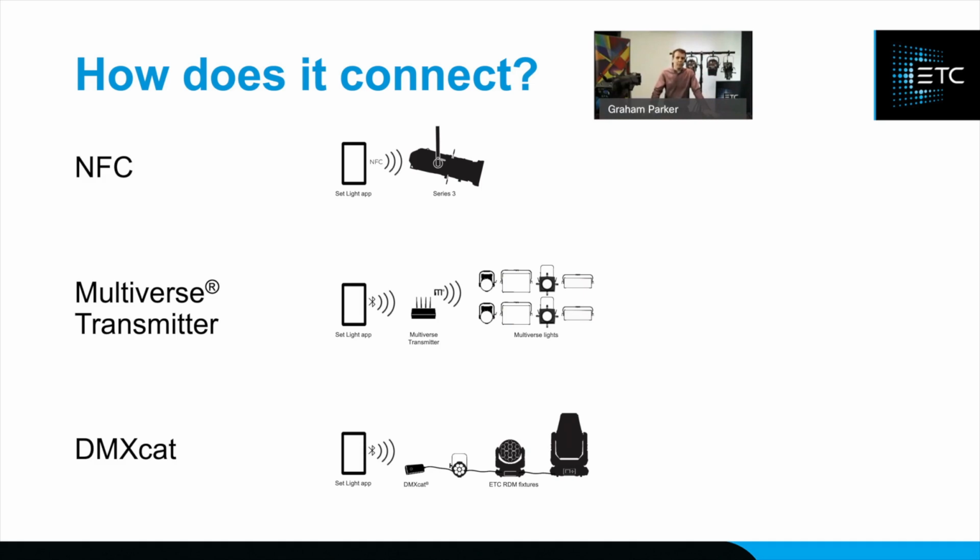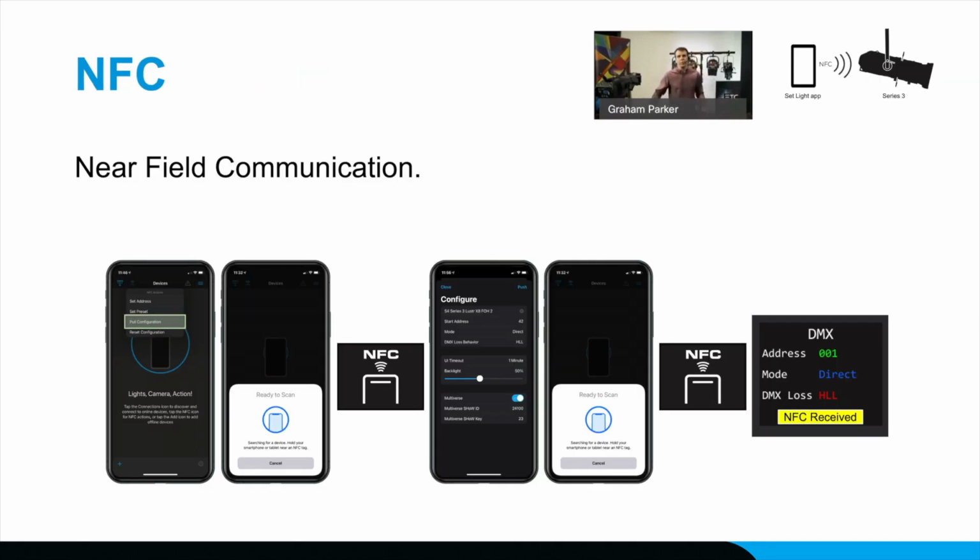With our multiverse transmitter, and then obviously in the City Theatrical world that we're in with multiverse and so on, we can actually also Bluetooth connect to the City Theatrical DMX Cat as well with our Setlight app and get into our fixtures that way. So there's a few different options there. We'll just look through a couple of slides as to what they are, and then I'll get onto the fixtures and show you how it actually works.